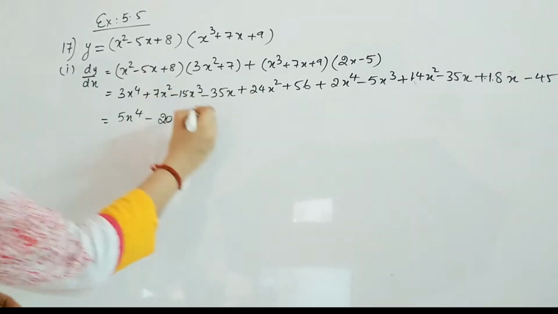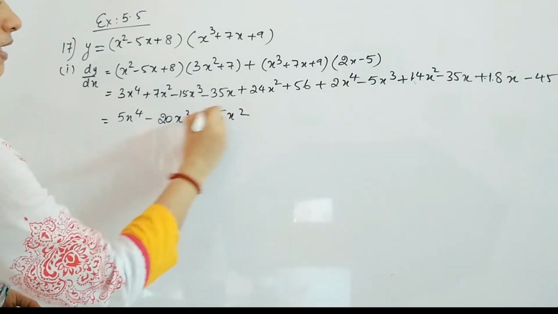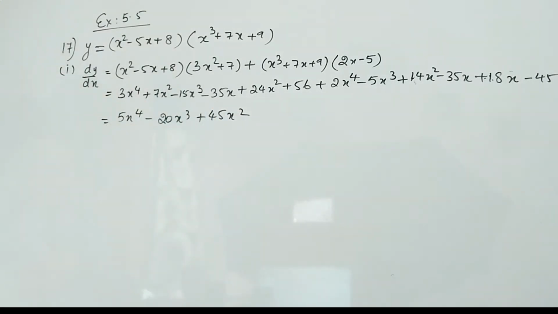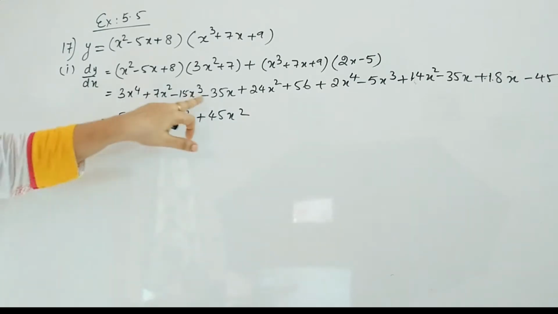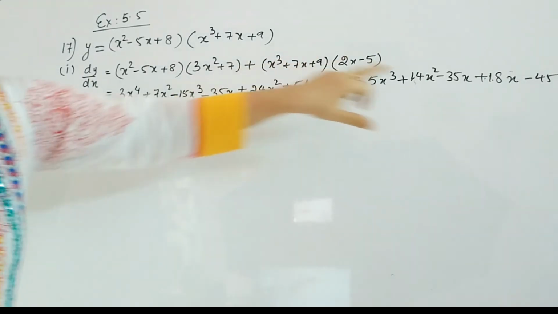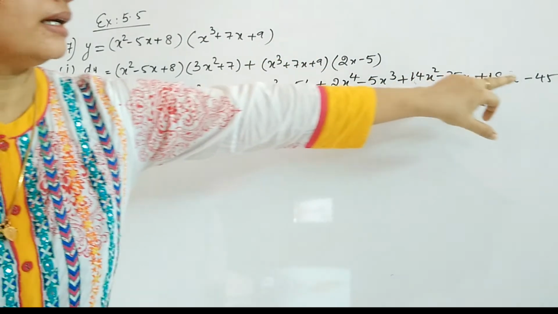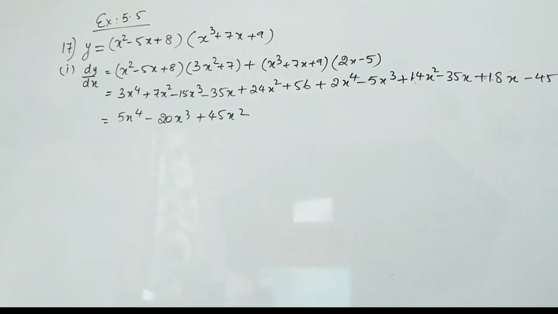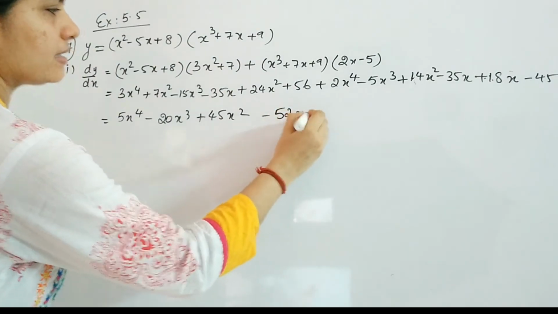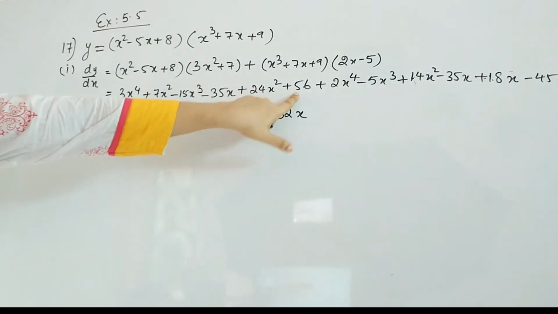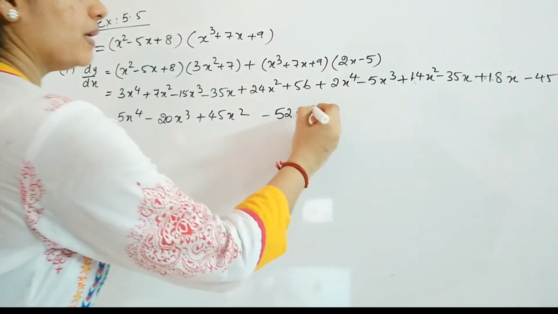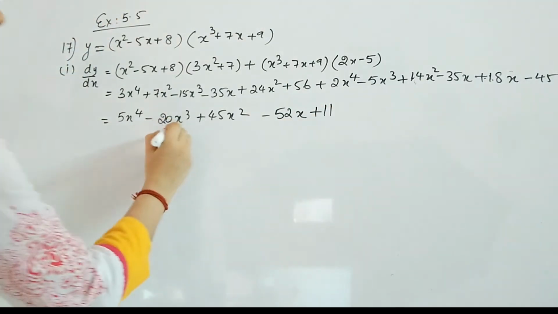It is 45x square, correct? And then the x term: you have minus 35 and minus 35, which gives minus 70, and then you have plus 18. So minus 70 plus 18 will give you minus 52x, and plus 56 minus 45 will give you plus 11.